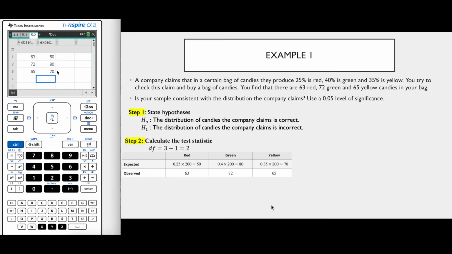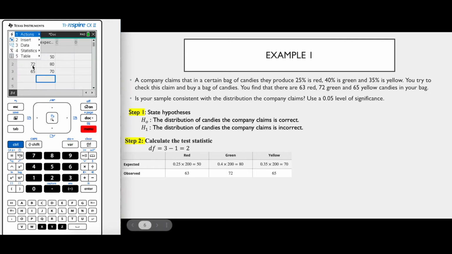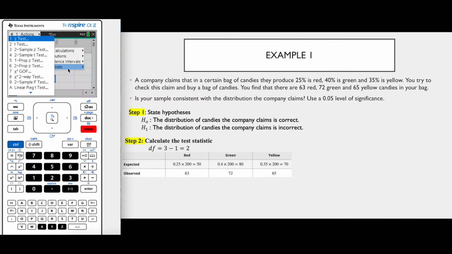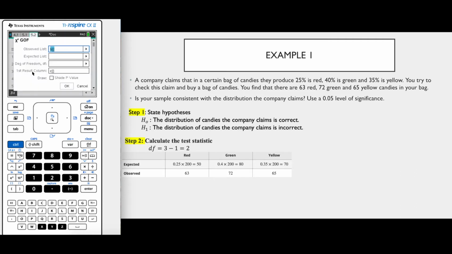Okay, now once we have this, we need to tell our calculator to run a goodness of fit test. So we're going to go into menu, statistics, stats calculation, and you're going to find the chi-squared GOF, goodness of fit. Our observed data, we labeled observed. Our expected data, we labeled expected.